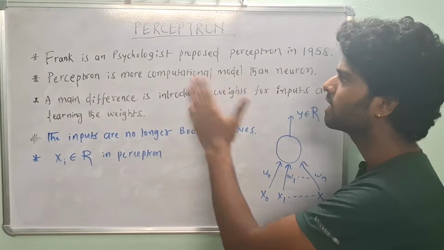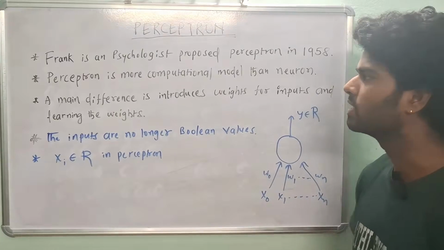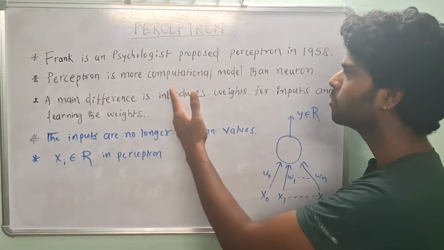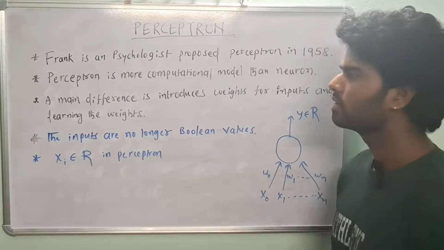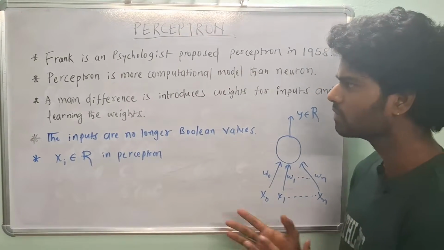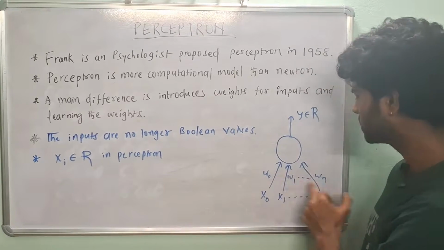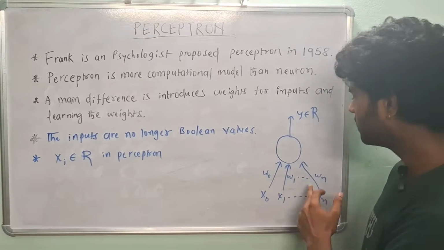Frank Rosenblatt, a psychologist, proposed the perceptron model in the year 1958. So perceptron is a more computational model than the neuron, because perceptron is a bit modified version of the neuron, and the main difference is that it introduces weights and learning the weights.